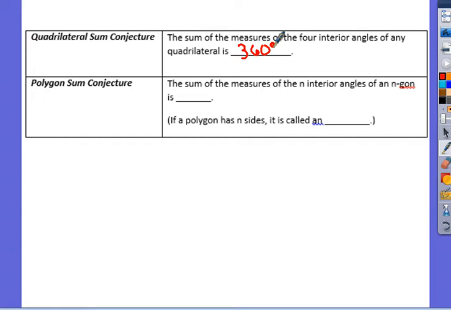Those are the 4 angles. While the polygon sum conjecture says the sum of the measures of the n interior angles of an n-gon, and an n-gon just means any polygon, a 5-sided figure, a 6-sided figure, a 7-sided figure, is 180 times n minus 2.